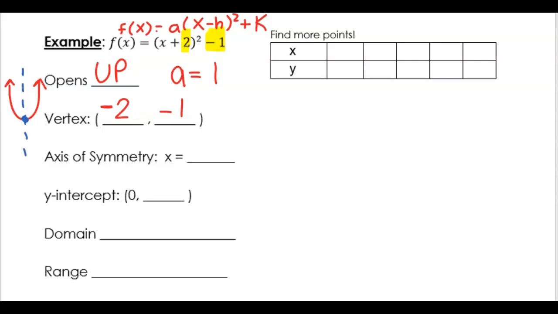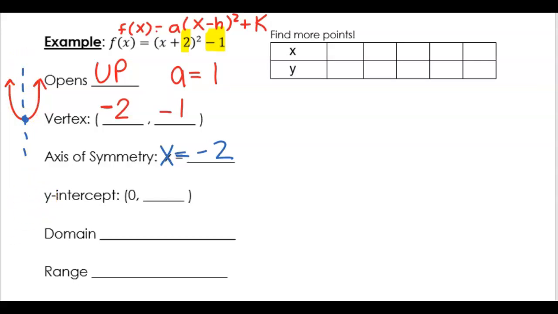The axis of symmetry is the line down the middle that divides it in half, 2 equal halves. Did my axis of symmetry go through the vertex point? Because it is a vertical line, it has an undefined slope, you can't write it as y equals mx plus b. Vertical lines have the equation x equals a number. Which one of those is an x number? So the axis of symmetry is x equals -2. That is the equation for this line.